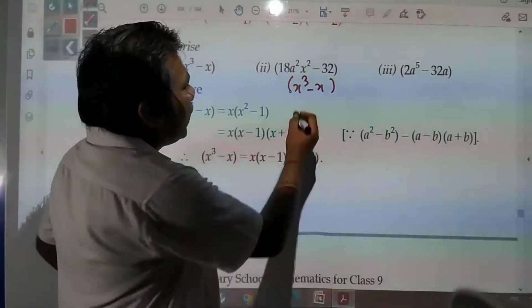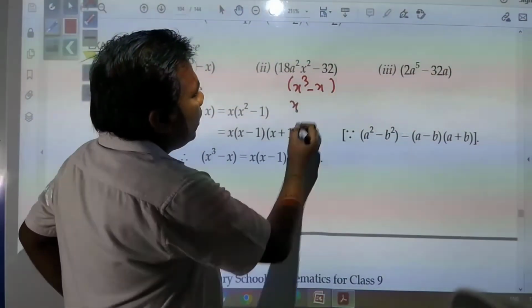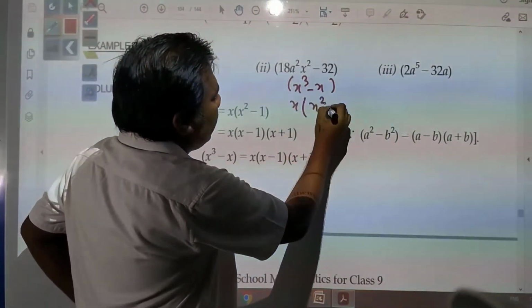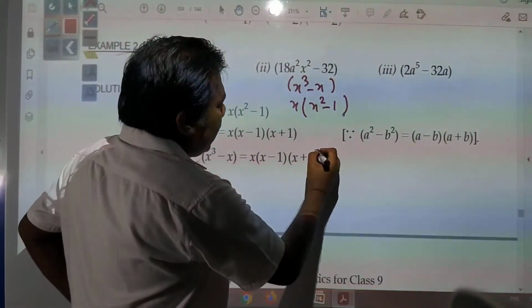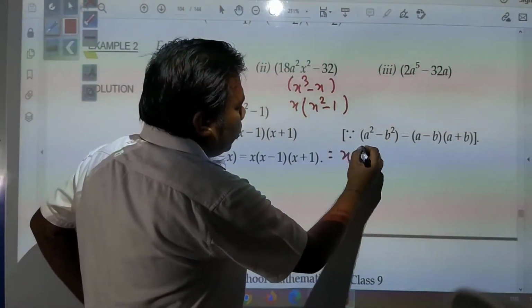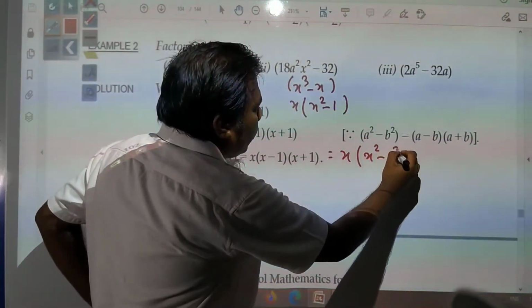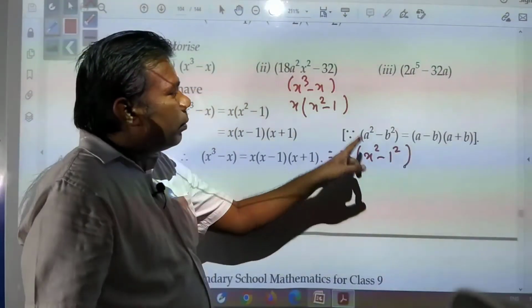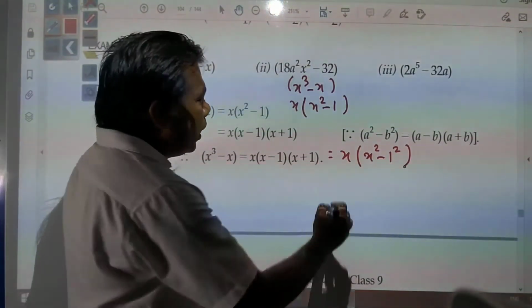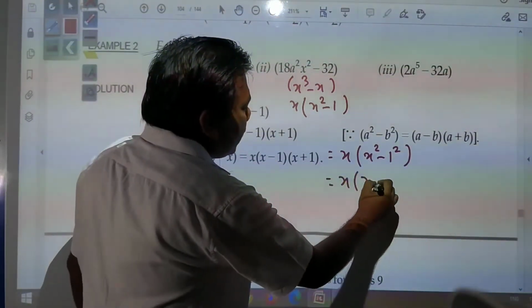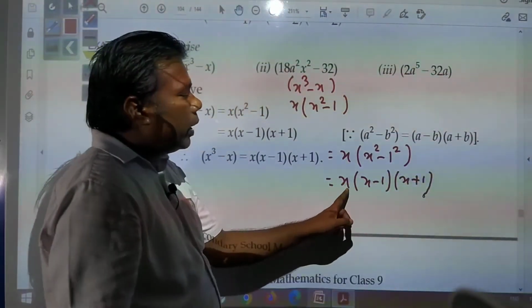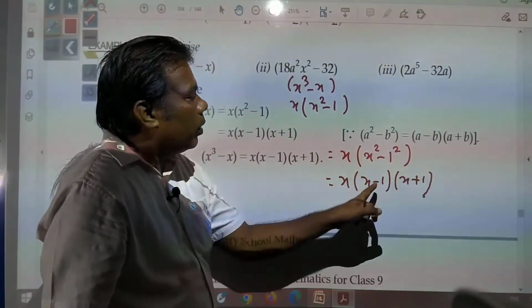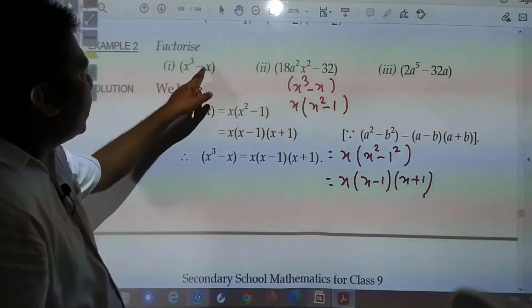For that, x can be taken out common, so you will be left with x into x square minus 1, and 1 can be written as 1 square. Now this is in the formula, so it can be written as x minus 1 into x plus 1. So x into x minus 1 into x plus 1 will be the answer for x cube minus x.